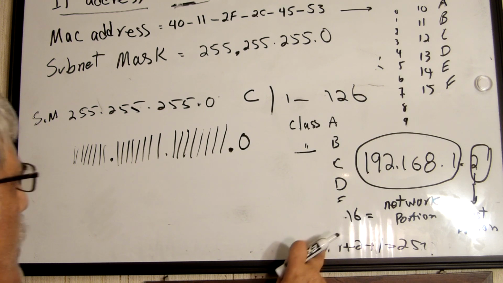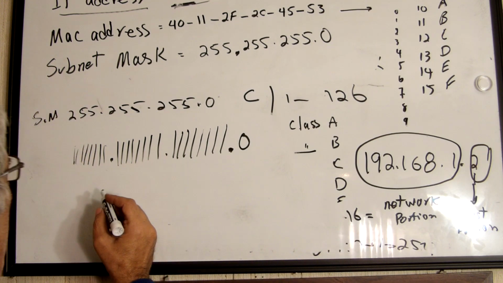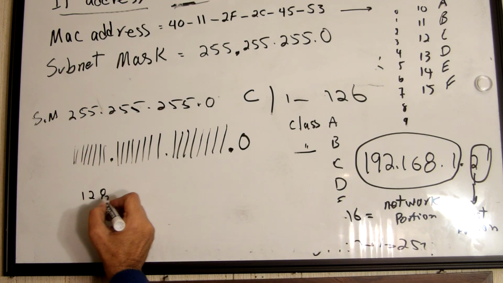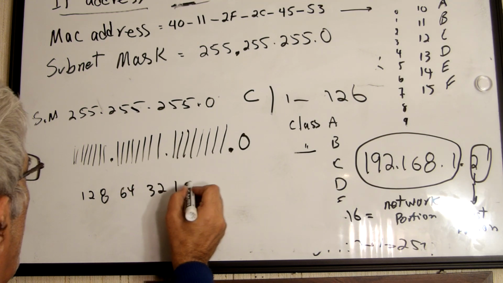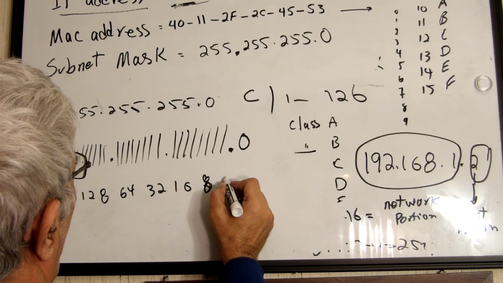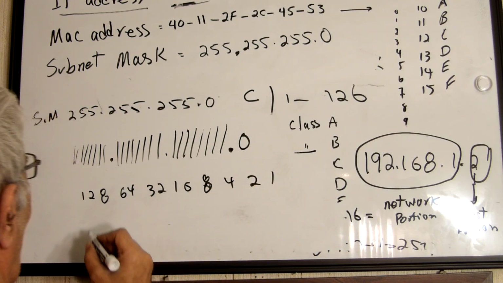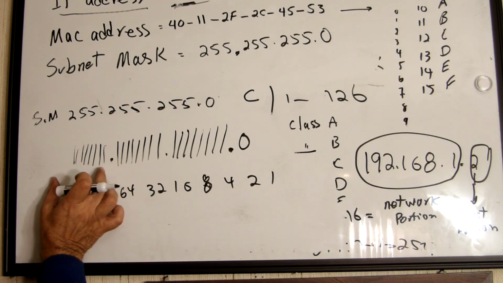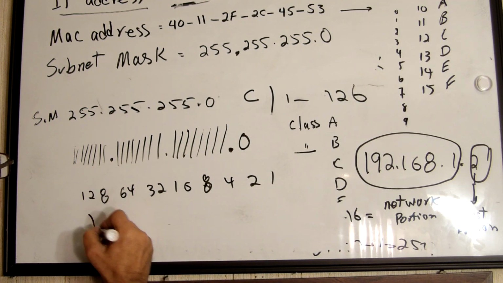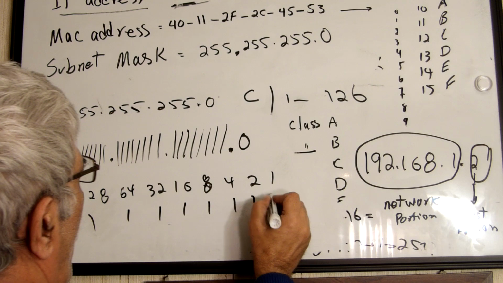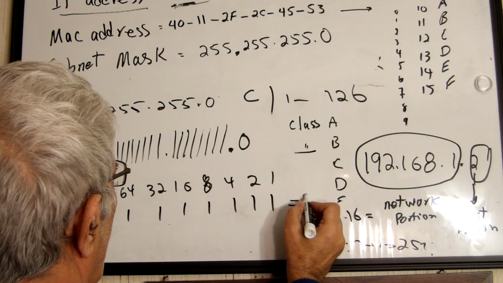You remember that? We just did it. We just said it's 128, 64, 32, 16, 8, 4, 2, 1. There are 8 of these here, and all of them are 1, so altogether it's going to be 255.